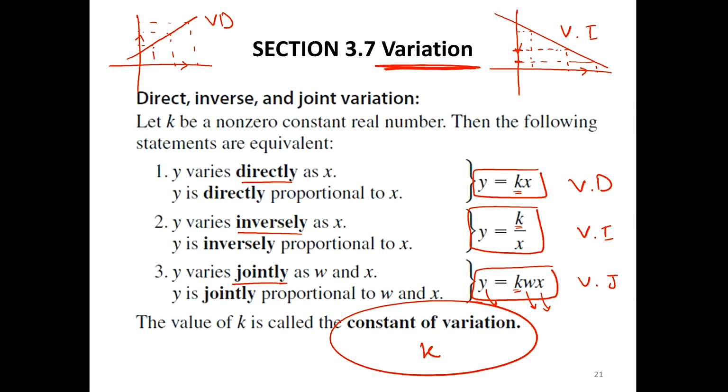But also, if we have an increase in X, we have an increase in Y. If we have an increase in W, we have an increase in Y. So in the relation between Y and X with W, any increase in W or X gives an increase in Y. But between W and X, we have inversely.